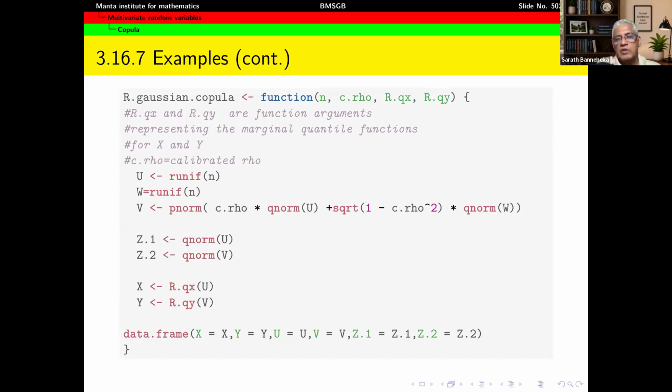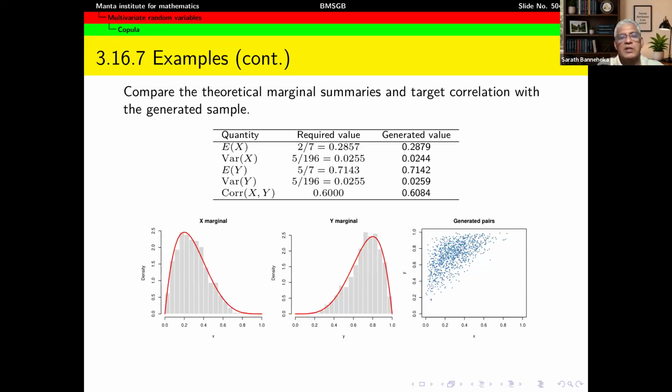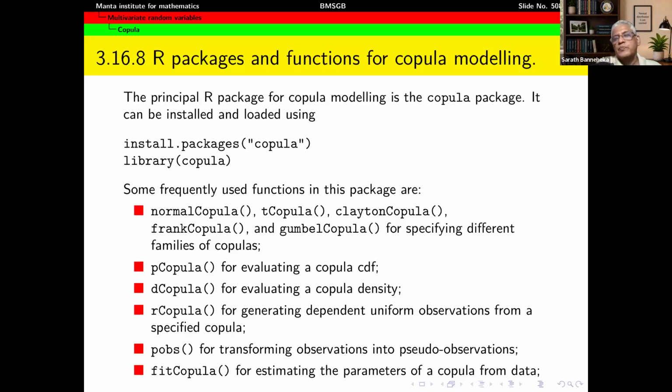What I have shown is how you follow the theory to generate data, just to understand the theory behind it, right? But when you practically generate data, there are many built-in functions available in R. Here is a brief description of those functions.